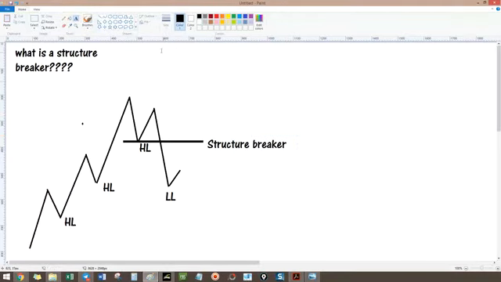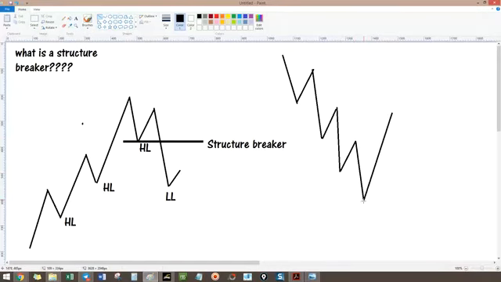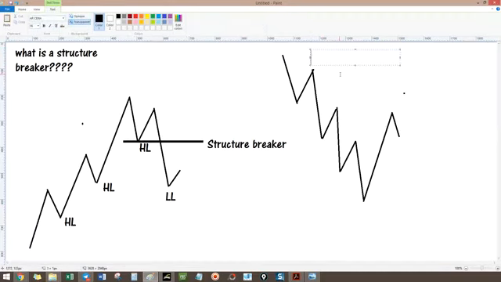Okay. So for downtrend, it will look something like this. 1, 2, 1, 2, 1, 2, and a 1, and a 2, something like this. All right, this is a lower high, lower high, lower high, lower high.